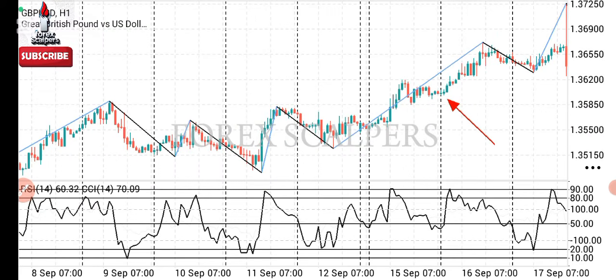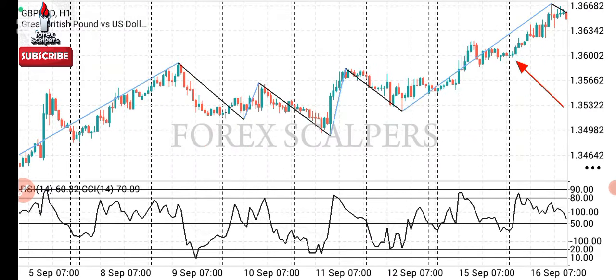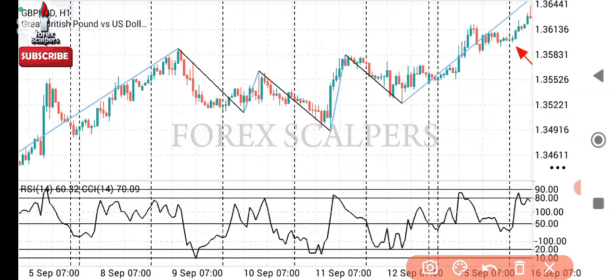Can you see in this case of an uptrend, you can see how it has been going. You can see this higher low, higher high, higher low, higher high. Now if you look at this scenario, this particular zone was marked.